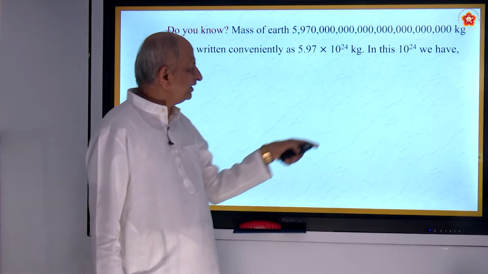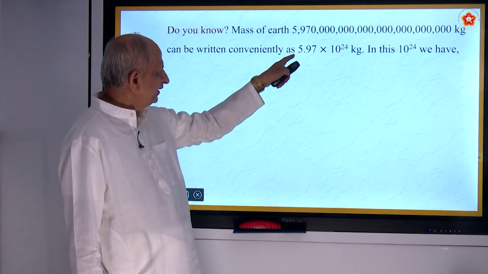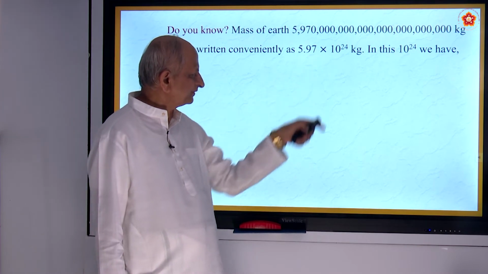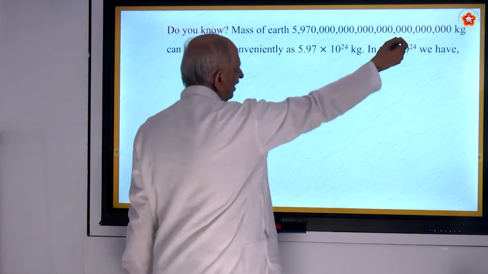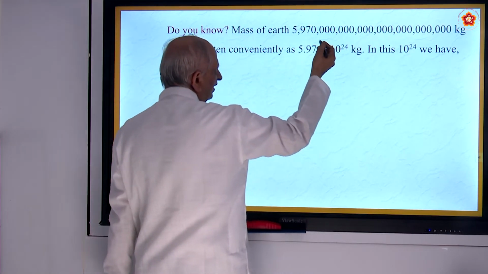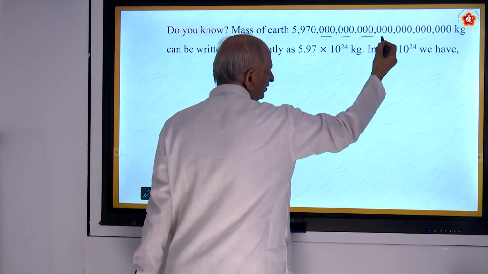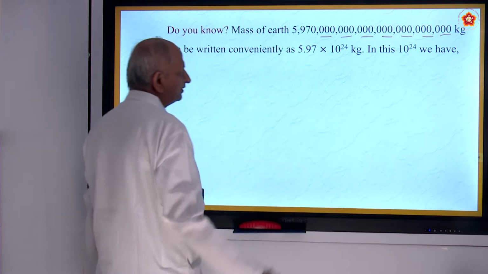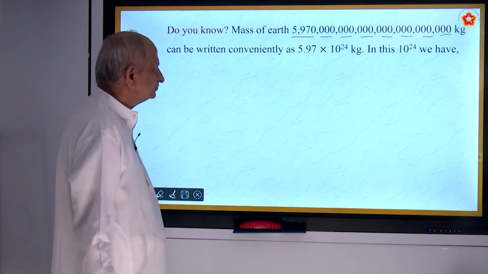So this is written in standard form conveniently as 5.97 into 10 to the power of 24 kgs. Instead of writing so many zeros, there are 3, 6, 9, 12, 15, 18, 21 followed by 4 places here.